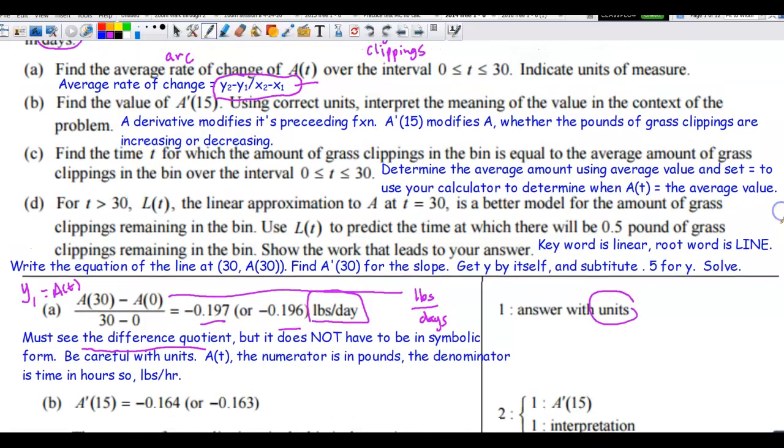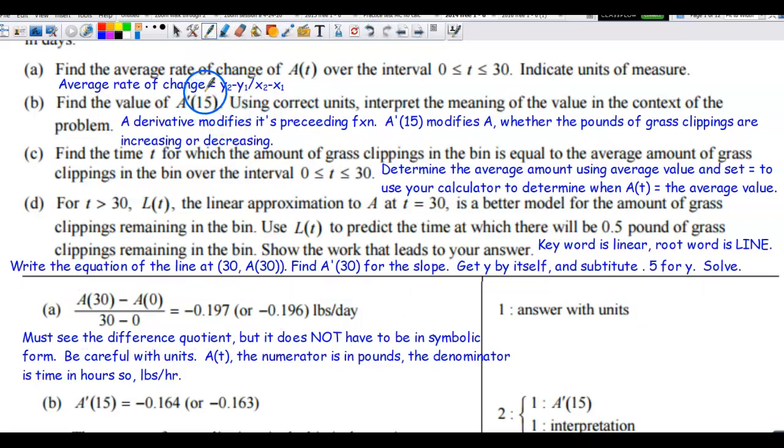In letter B, they're moving on from the average rate of change. Let me clear the annotations. In letter B, we are now moving from average rate of change to instantaneous rate of change, and this is a calculator problem, so that's extremely easy. We're going to do that with our calculator, but what's important is interpreting the meaning of the value in the context of the problem.